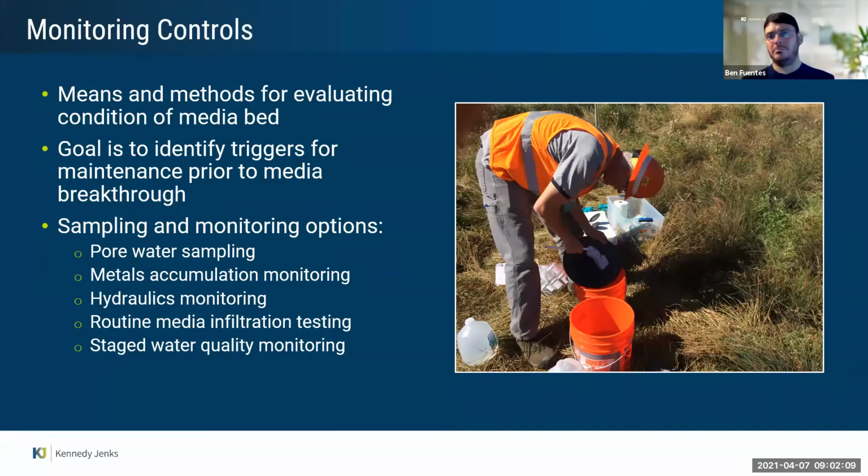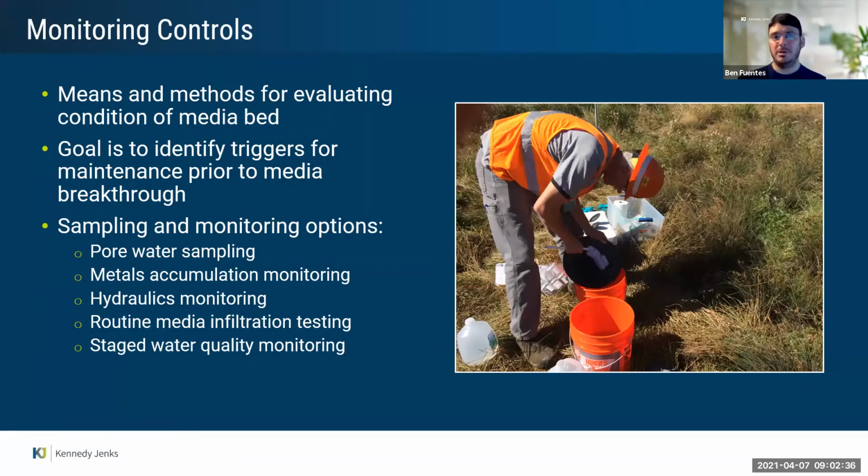The most common method is just water quality sampling itself, influent samples compared to effluent. And if you did happen to have some staging, doing some intermediary samples, and you're just monitoring the water quality and looking for a potential increase in concentrations. That's probably the most common approach that most folks will do to just see how the system's behaving over time.